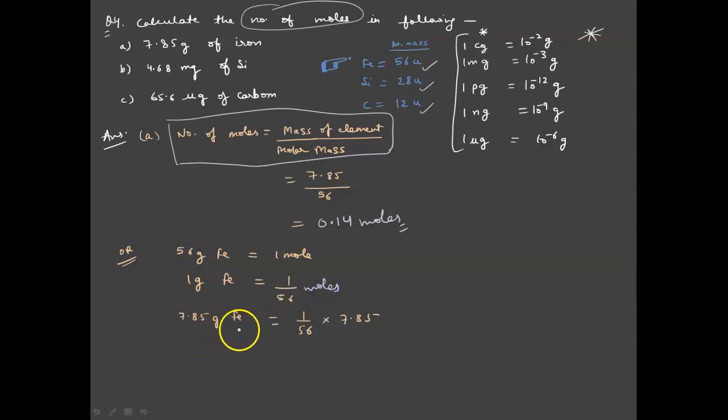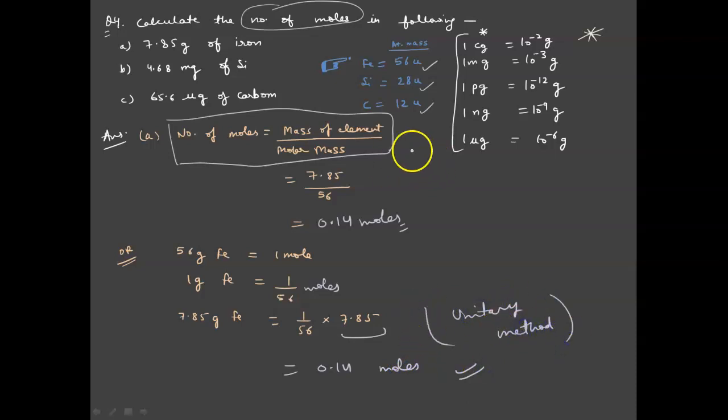Now 7.85 gram equal to, next we have to calculate for moles, so it goes into a multiplication. So it comes out to be 0.14 moles. This is the simple unitary method, or you can use the formula, whatever you like. But this method, according to me, is more reliable.